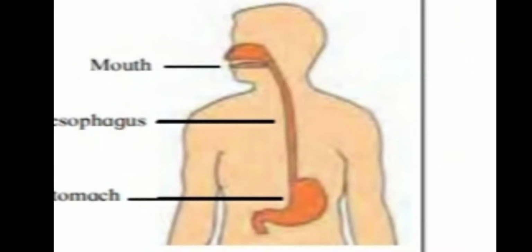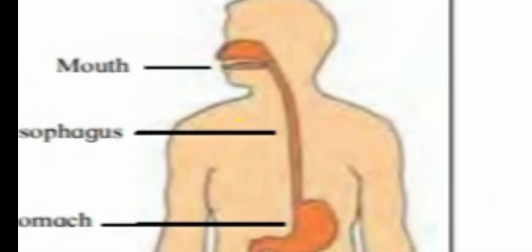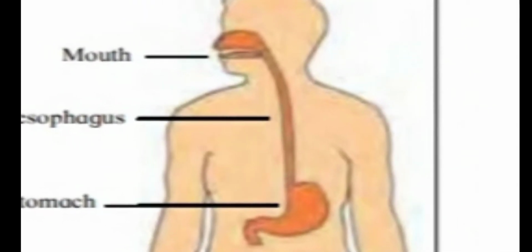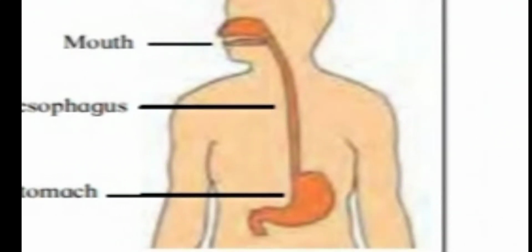Why? We take the food through our mouth. After chewing it with the help of the teeth, the food is mixed with the saliva and becomes a soft moist ball, and then we gulp it and it is pushed to our stomach. It passes from the mouth through the esophagus and enters the stomach.